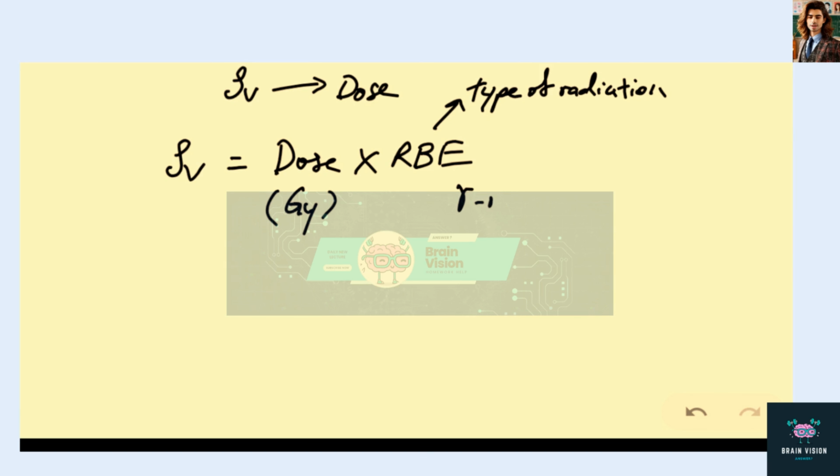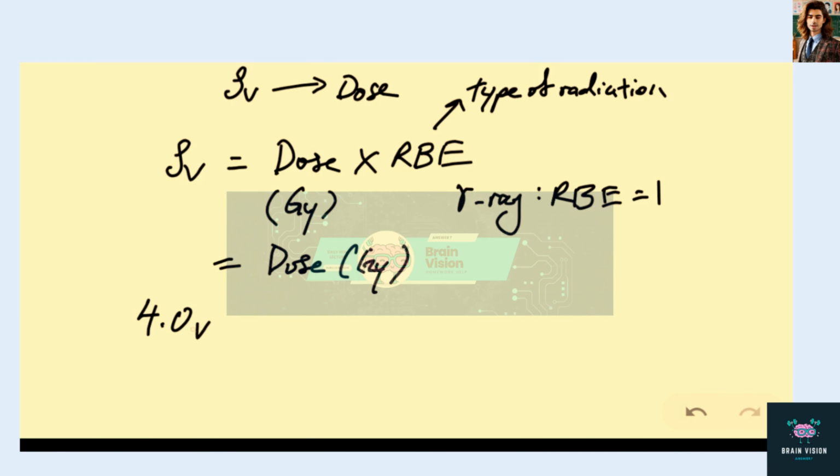So for gamma rays, the RBE is equal to 1. And so this means that the sievert is equivalent to the dose in gray. So no difference. In this particular case, we are given 4 sieverts of gamma rays. It will mean that the dose is 4 grays.